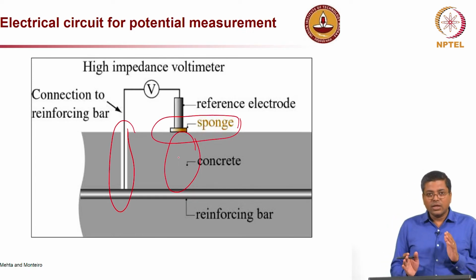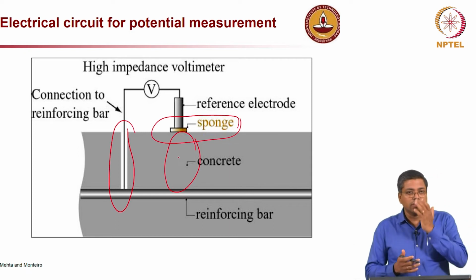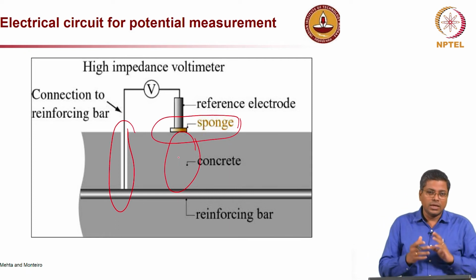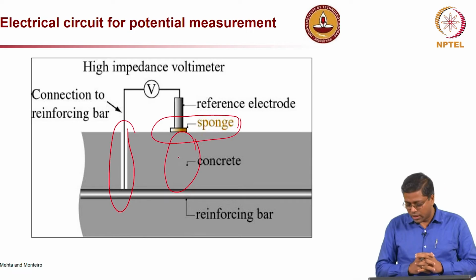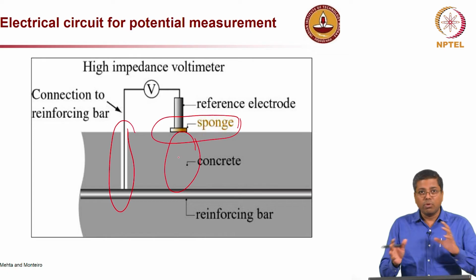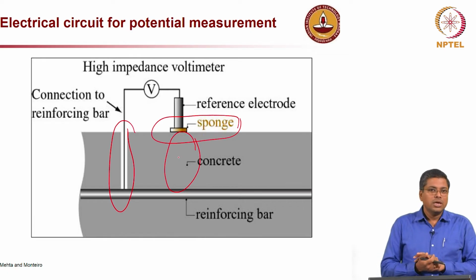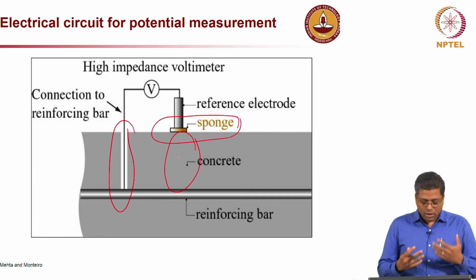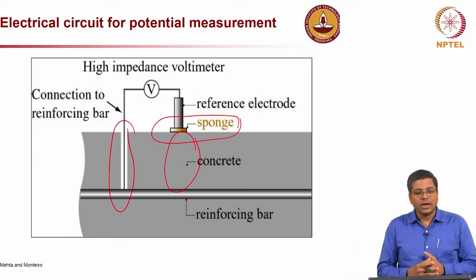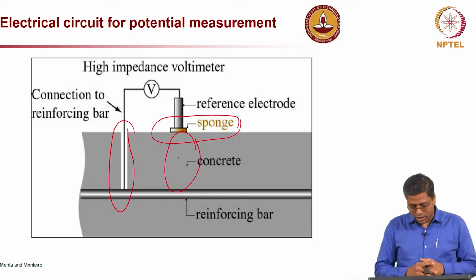So, if you are comparing test results, you must ensure that the moisture condition of the concrete cover is also similar in range for both the test measurements which we are going to compare. Otherwise, you will get unnecessarily worried about the scatter in the data, which is not really what is happening in the concrete structure.